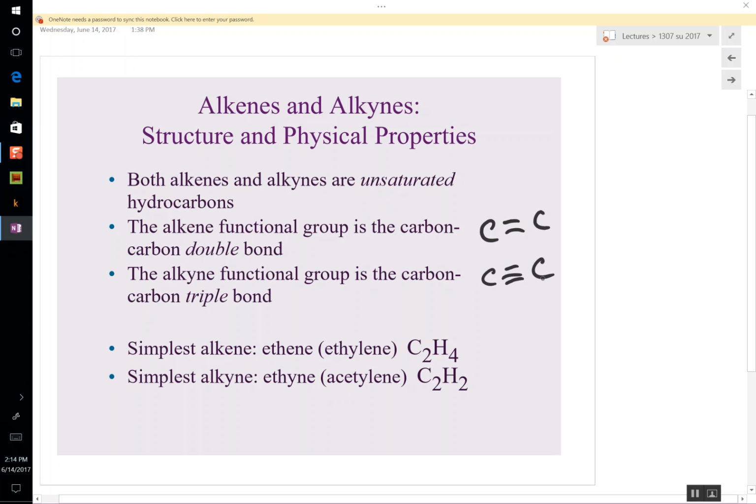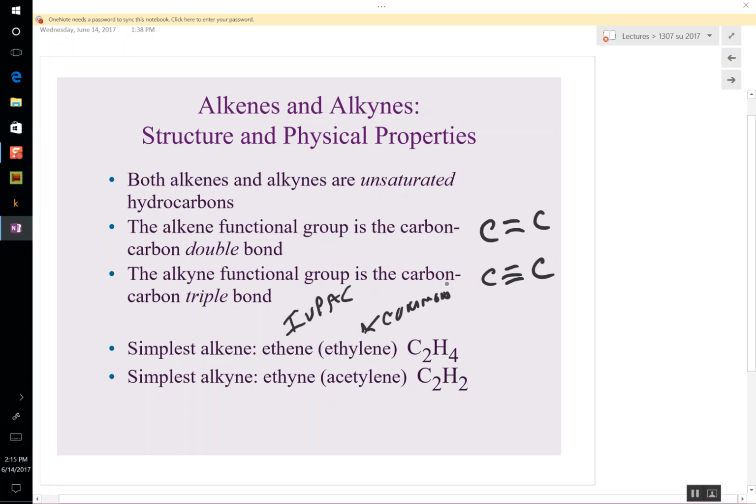Simplest alkene is C2H4. It doesn't start with one carbon. You can't double bond carbon to itself. So ethene is the smallest alkene. That is its IUPAC name, and this is its common name.